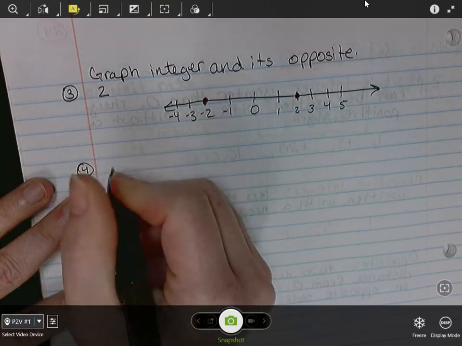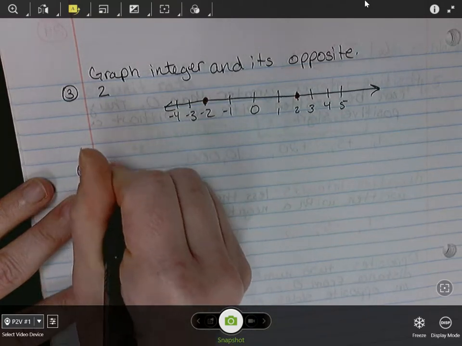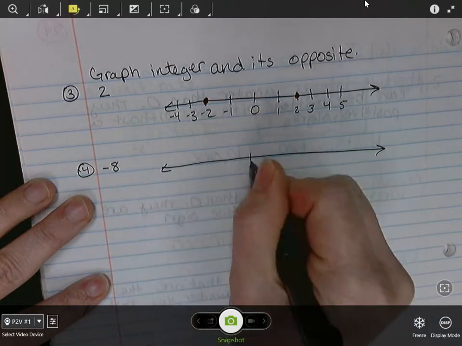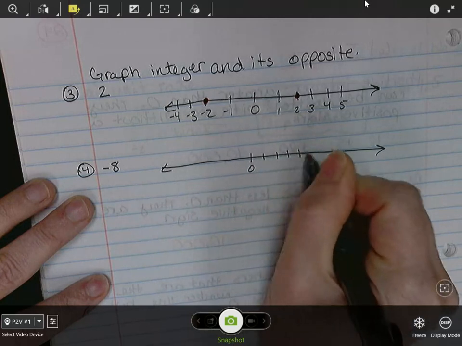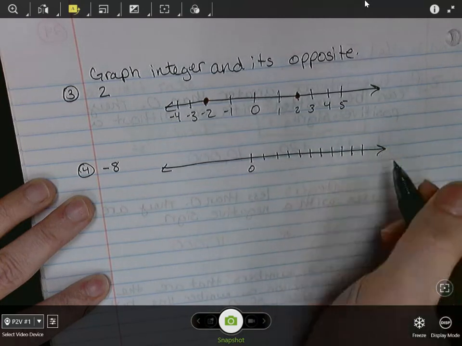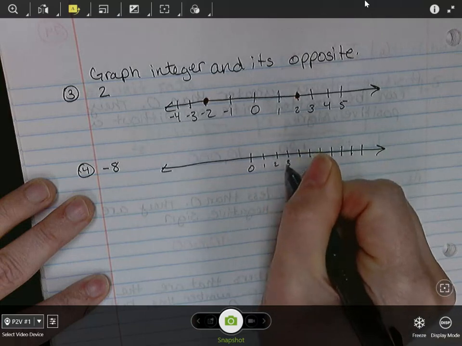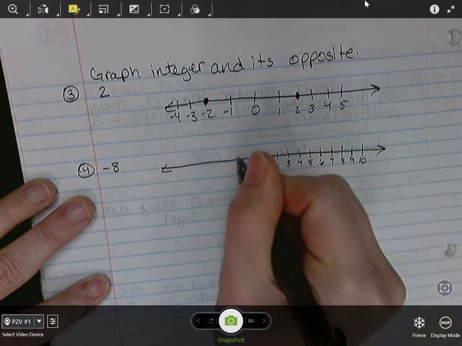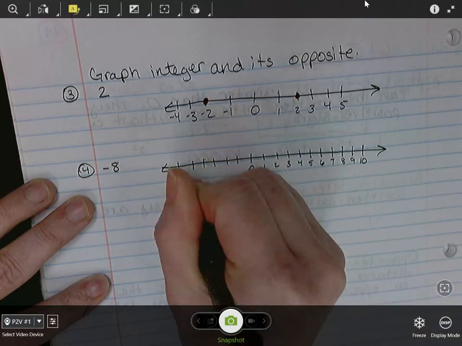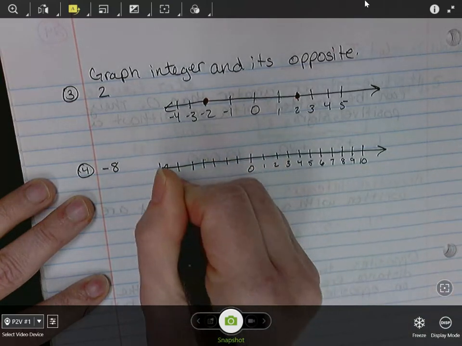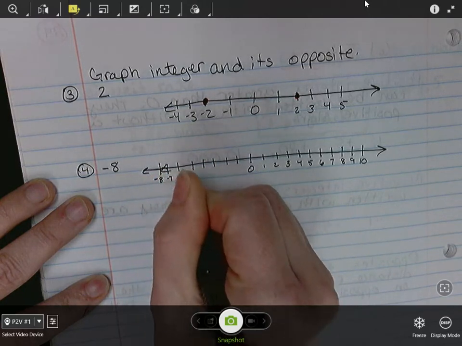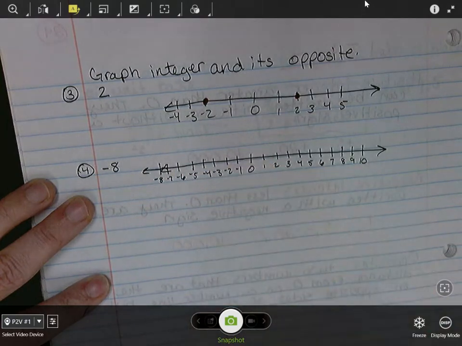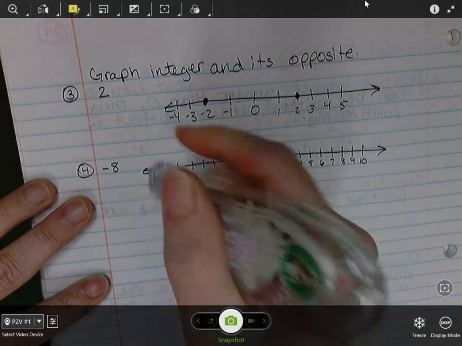Okay. Number 4, let's do -8. Okay, so you would draw your number line, 0. Okay, now I went to 10. Then you need to do your negatives. And I should have made that a little bit longer.